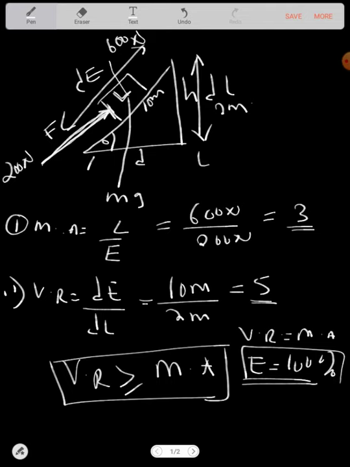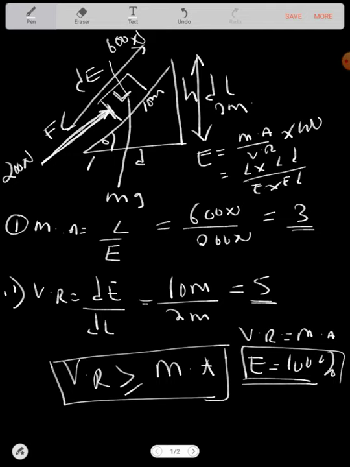Now know that efficiency is equal to mechanical advantage over velocity ratio times 100. Efficiency can also be found by load times load distance over effort times effort distance.